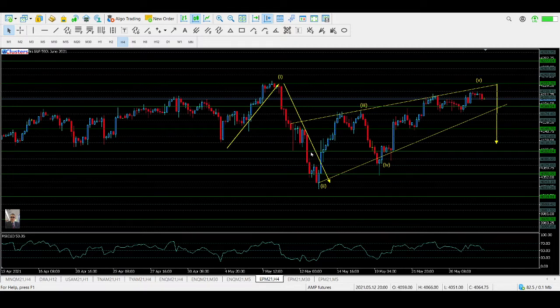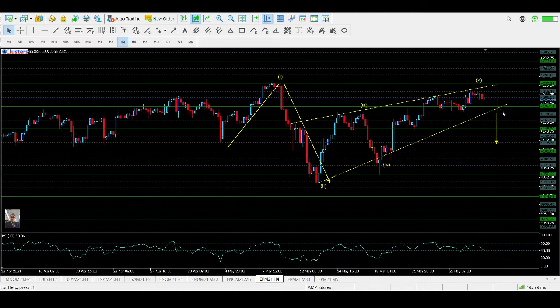On the S&P 500, as you can see, there's a rising wedge here. Rising wedges are normally patterns that end up with the market coming down, pulling back. You can see the price fluctuating within this, getting shorter and shorter, and sometimes it will break this support level here and come down.